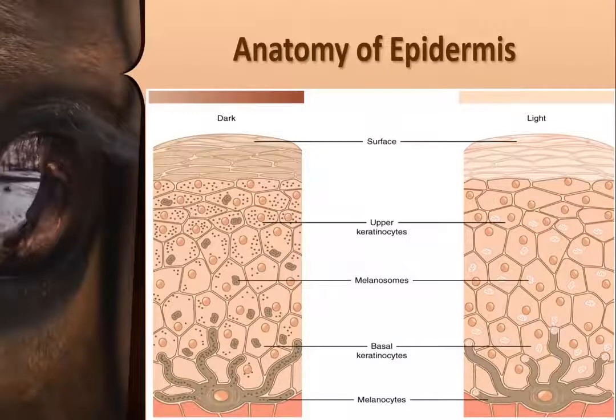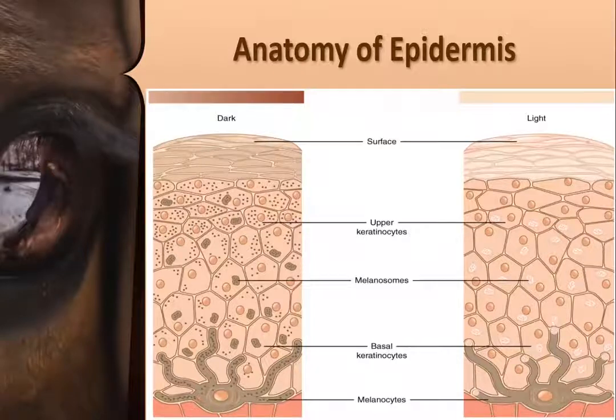Like keratinocytes and melanocytes. These are cells or cell granules, for example melanosomes. Keratinocytes are the basic cells, then melanocytes also exist, and the surface is the outermost layer.